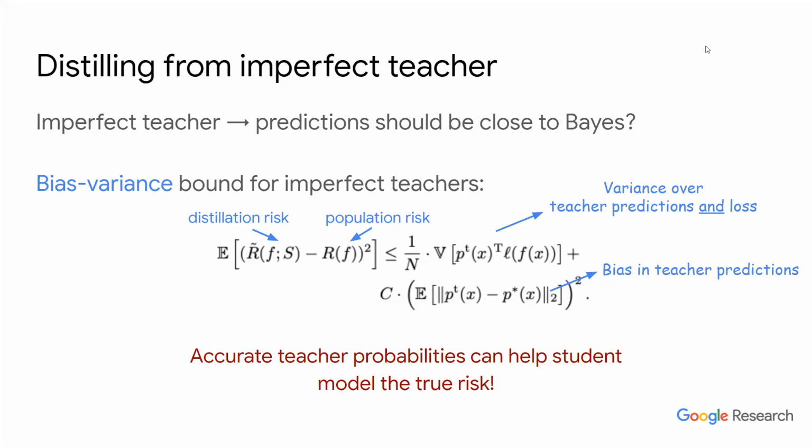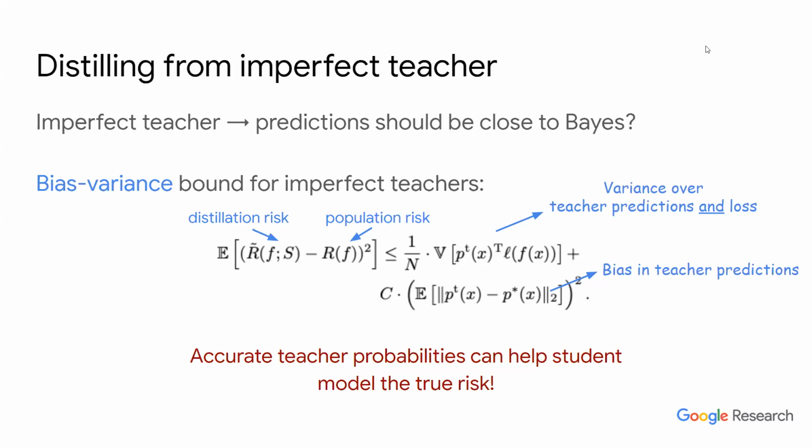So this term is divided by n, and this is the variance of the loss from the teacher, right? So P_T of this is the loss from the teacher, and there's a variance term, plus basically how close your prediction is to the Bayes. So there are two terms. One is the bias term, which measures how far your teacher is from the true distribution of the labels.